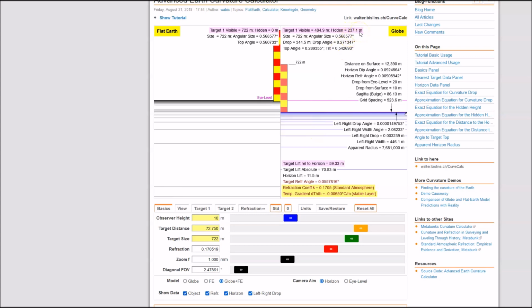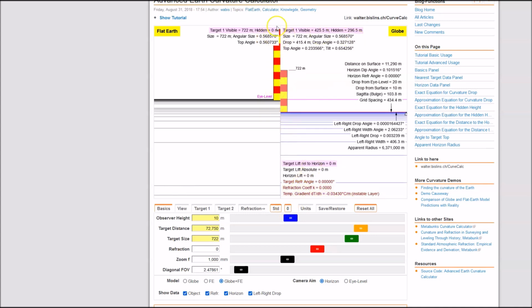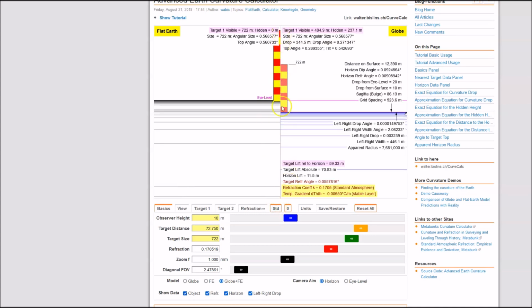So we've gained some 58 meters of island looming or rising up because of refraction on the globe. With flat Earth, we get no change. The whole thing rises up, but we're not seeing any more or less of the island. We see the entire island the whole time.